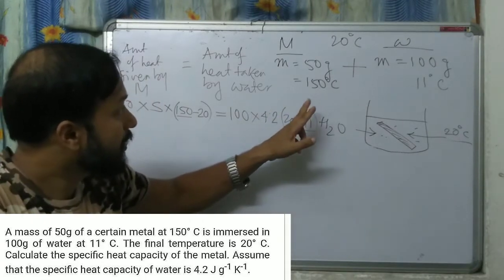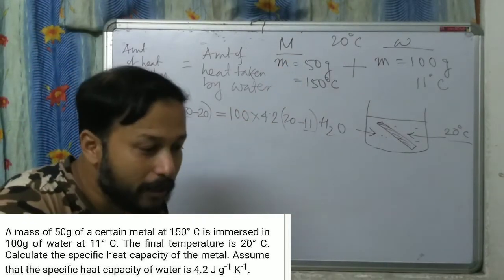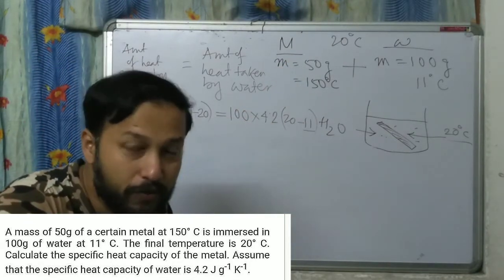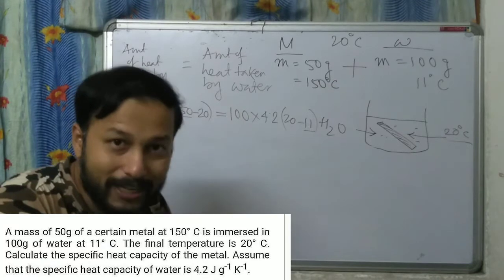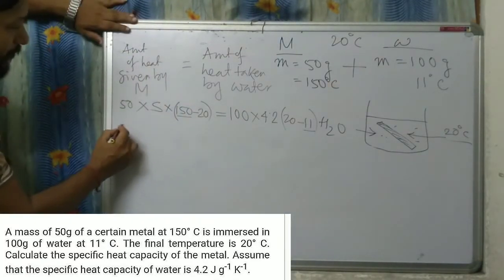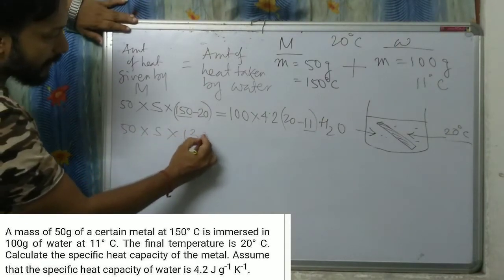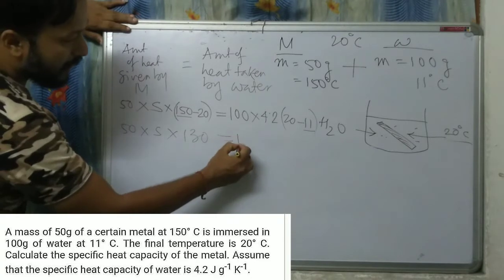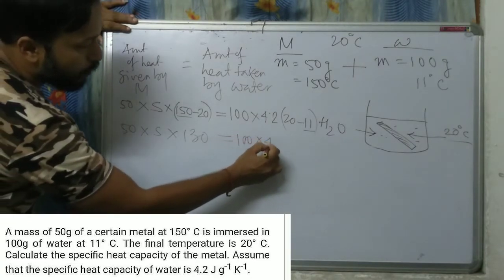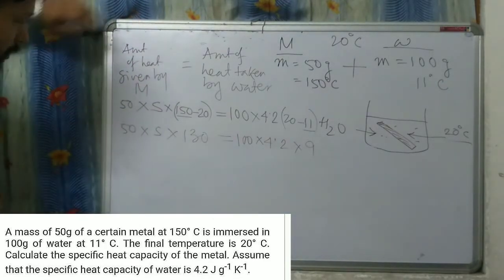Now we have to solve the equation to get the value of the missing quantity. What is missing here? The specific heat capacity of the metal is missing. So we have to find the specific heat capacity. So let us calculate it. So 50 into S into 130 equals 100 into 4.2 into 9. Fine.